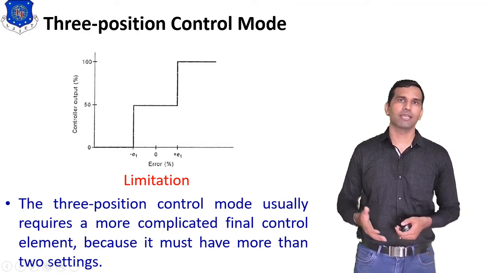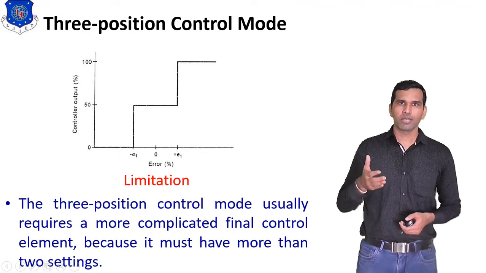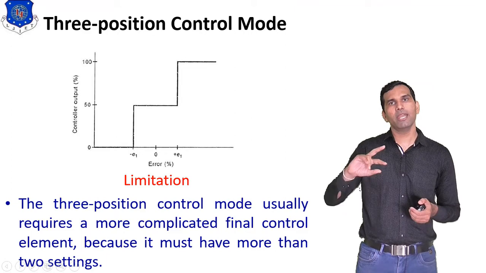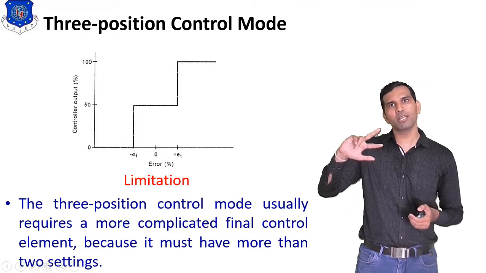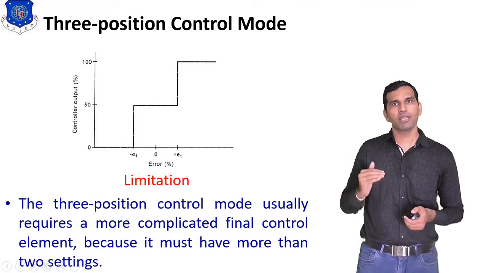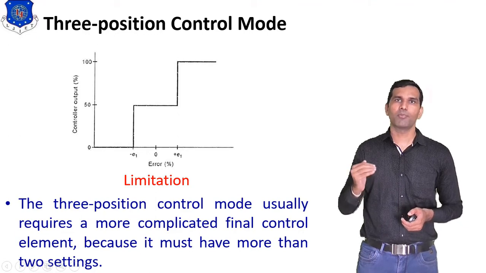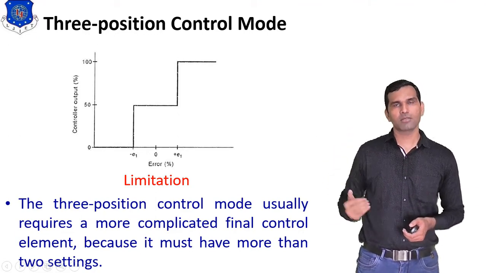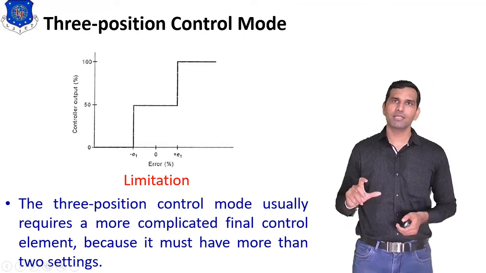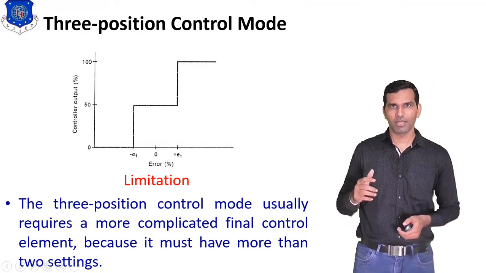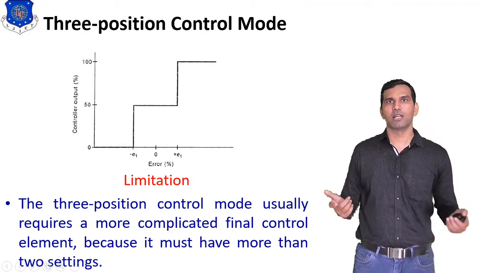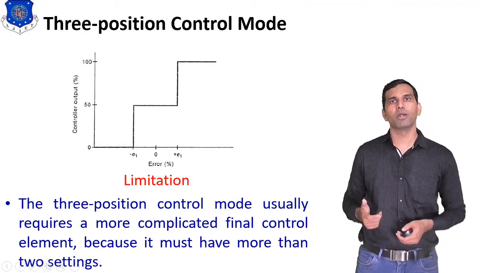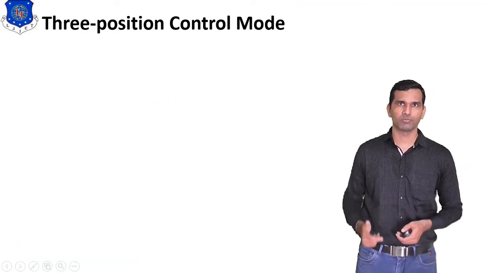In a 2-position control mode, only two possibilities are present, but here we increase the possibilities of the output controlling. So that's why the complexity is increased, but we get a better result. The result is very good as compared to the 2-position control mode.